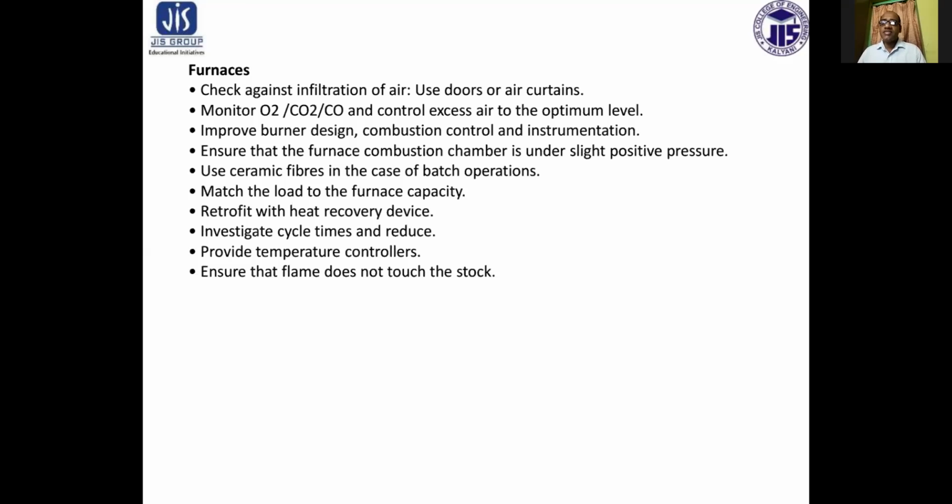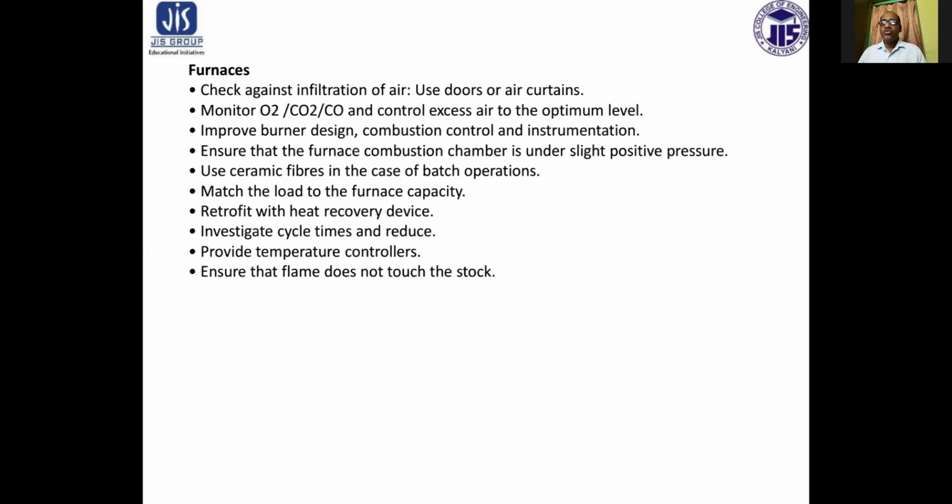Improve burner design, combustion control and instrumentation. Ensure that the furnace combustion chamber is under slight positive pressure. Use ceramic fiber in the case of batch operations.